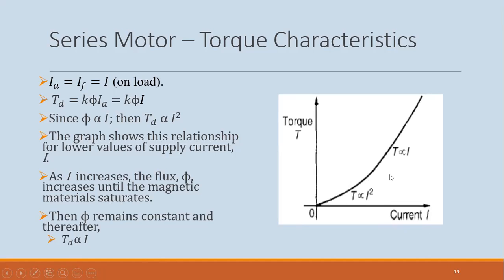So not to current squared, but as the machine becomes more saturated, torque is proportional to the current, because phi now is going to become constant as the machine saturates. So this becomes a constant. So torque is now going to be proportional just to IA, which is I.